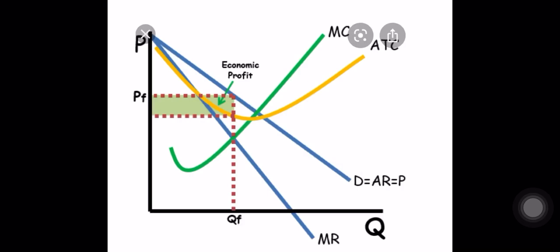At ang unang reason ay nabanggit ko na. Kapag may mga bagong entrant, okay, na gusto makipag-compete, the monopolist starts lowering its price and we benefit from that lowering of price. That's the first. And second, ang profit nga naman is concentrated into one firm. So, it is said that a monopoly would use that concentrated profit into making sure that the product is continuously improving through research and development.